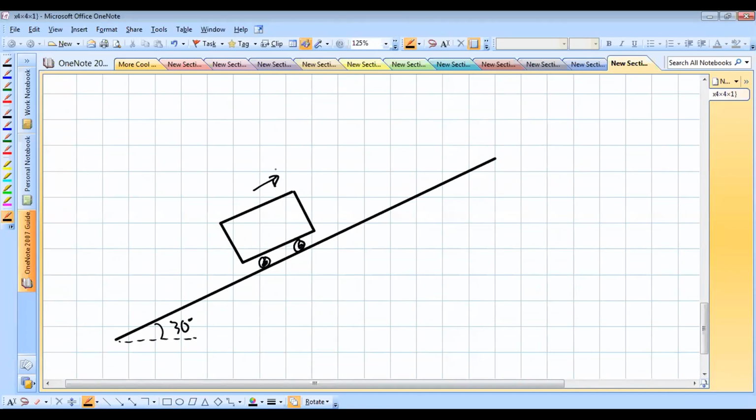So this is going up with an acceleration a, and that acceleration magnitude happens to be 9.8 meters per second squared. It's acceleration only. Yeah, it's going with a constant acceleration of 9.8.